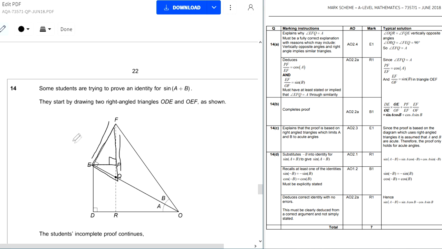So that's a right angle, so the hypotenuse is EF, and we're trying to get cos, and cos has adjacent, so that's going to be this angle that we're looking at.